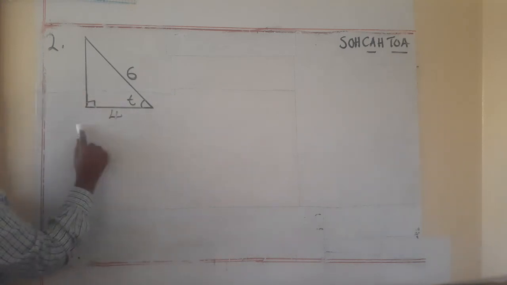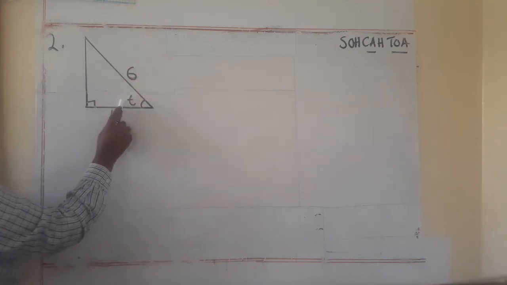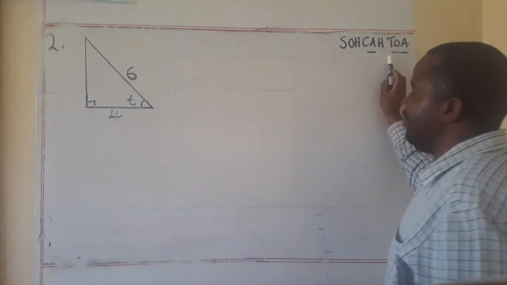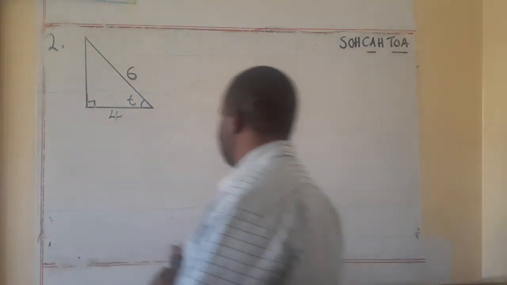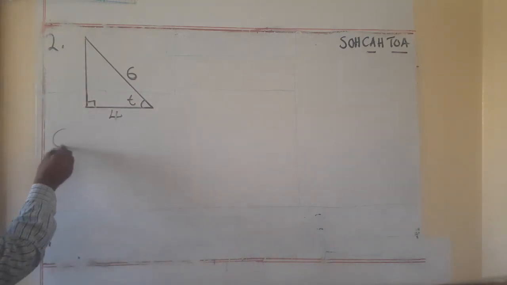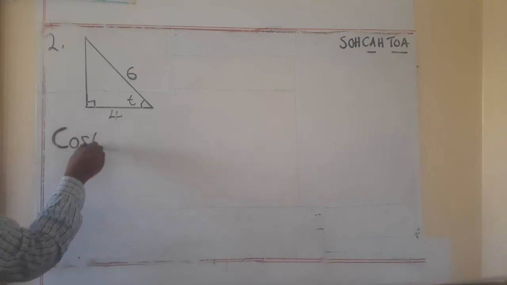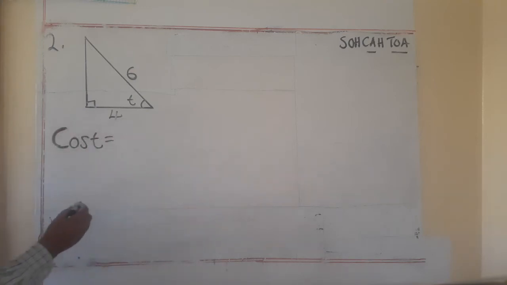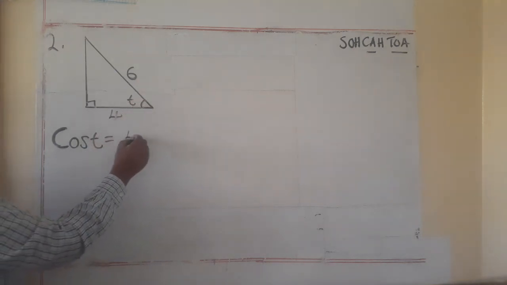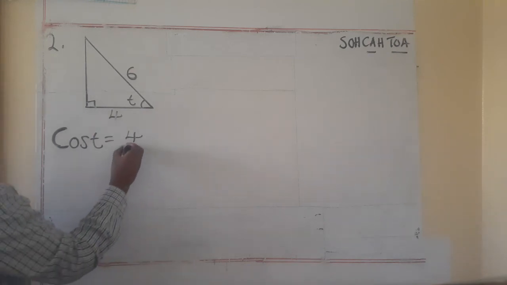The adjacent and the hypotenuse. So for you to find this angle, you choose the ratio where you have adjacent and hypotenuse, so you can use cos. Cos T is equal to adjacent over hypotenuse. Our adjacent is 4 and our hypotenuse is 6.